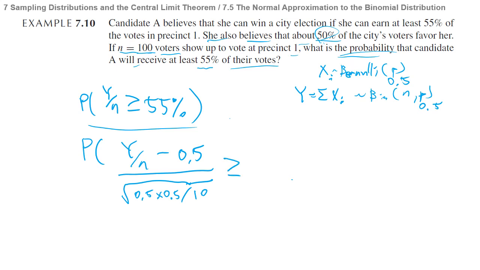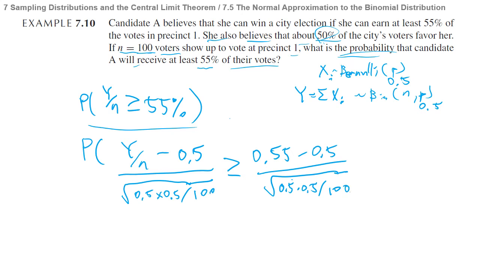This is greater than or equal to 0.55 minus 0.5 divided by the square root of 0.5 times 0.5 divided by 10. Actually, it's 100. So the expected value of Y bar is 0.5, and the variance of Y bar is 0.5 times 0.5 divided by 100.